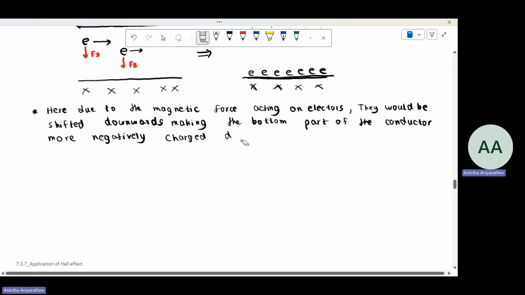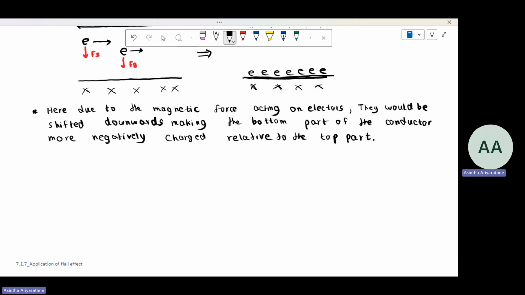More negatively charged relative to the above part, right? Relative to the top part, right? So which should induce an electric field in downward direction.